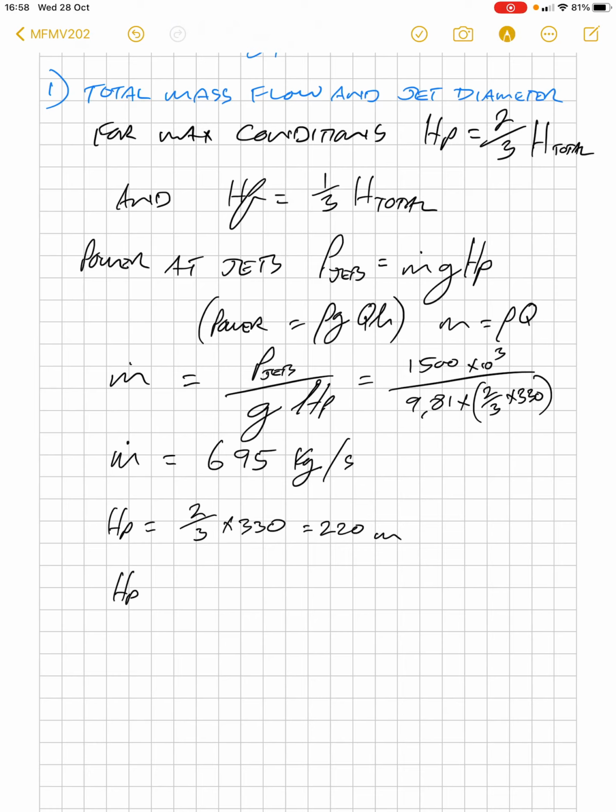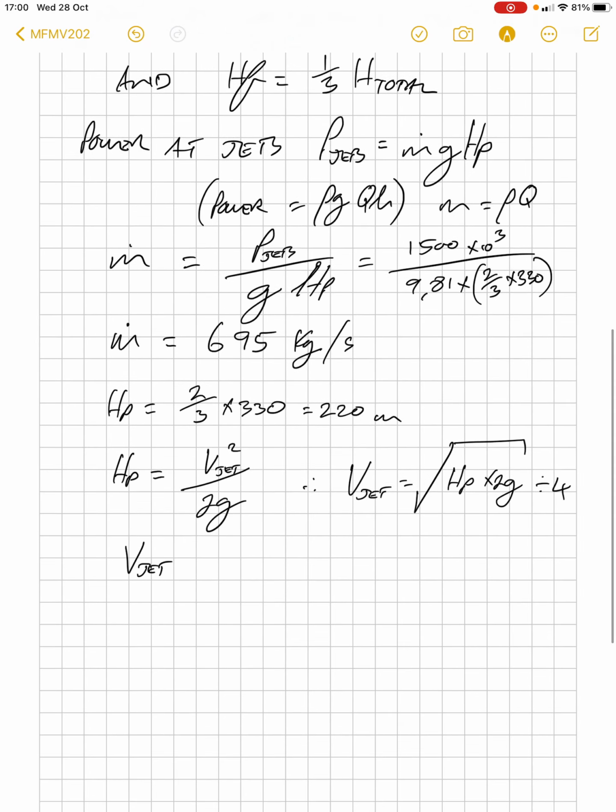Alright, so HP is equal to V squared over 2G, and that is for the jet. Therefore, velocity of the jet is equal to the square root of HP times 2G. Now we have to divide that by 4 because there are 4 jets.